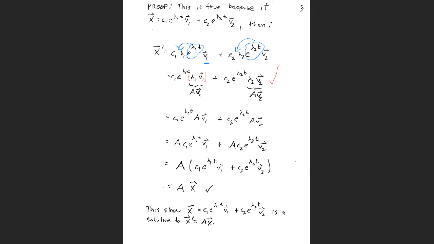Similarly, lambda 2 times the eigenvector v2 equals the matrix A times the eigenvector v2. This is only true because lambda 1 is an eigenvalue and v1 is an eigenvector, and also lambda 2 is an eigenvalue and v2 is its corresponding eigenvector. That's the only reason we can do this.